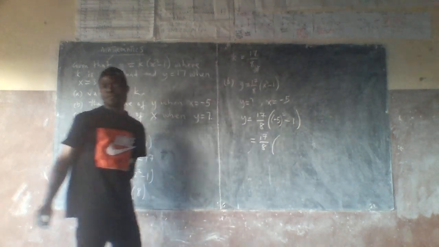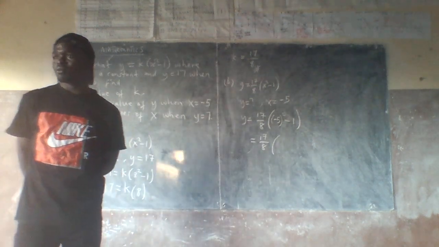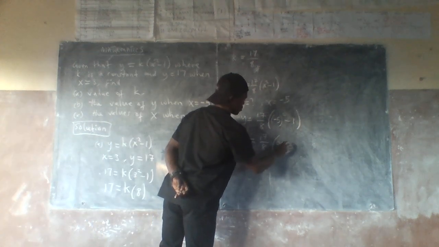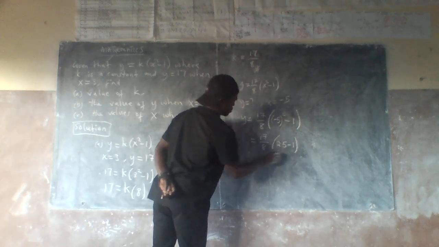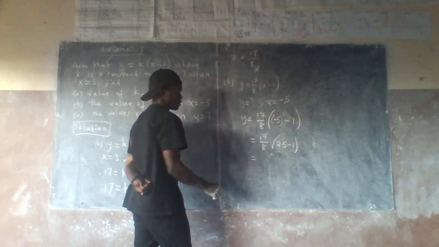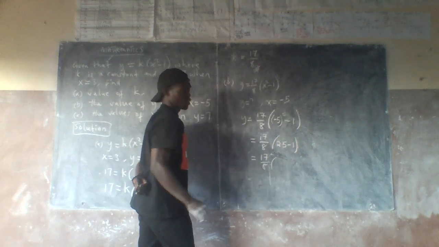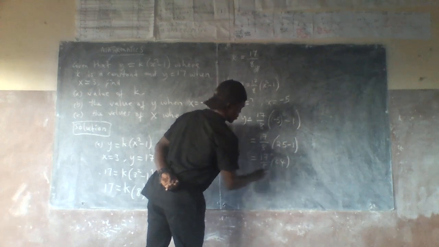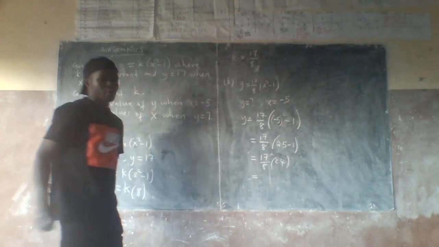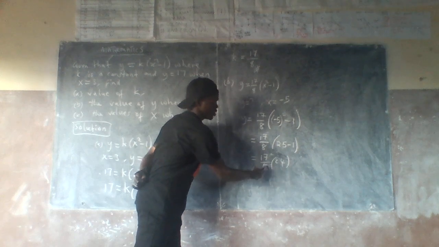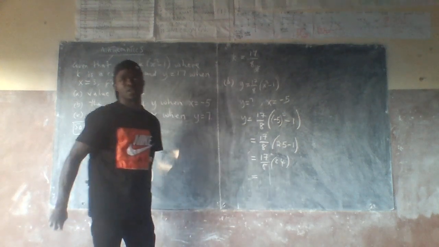So -5 squared. What is inside? Children, what can we do here? 17 over 8, 24 inside.